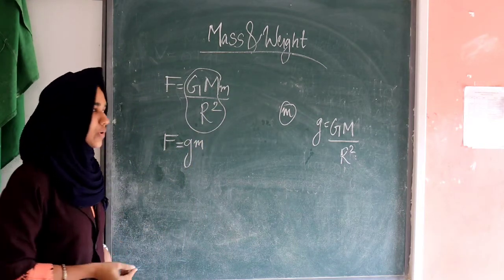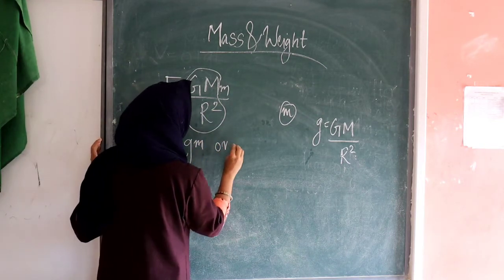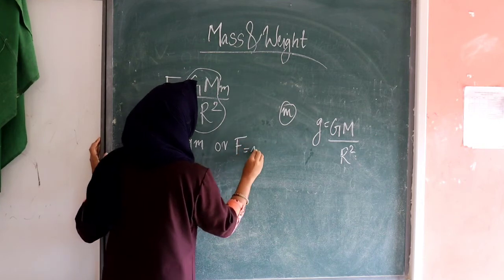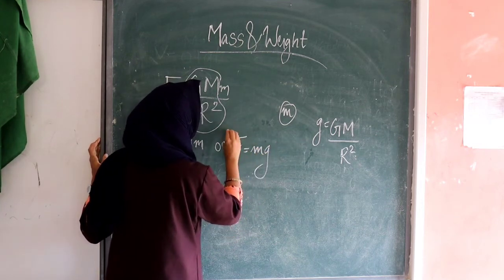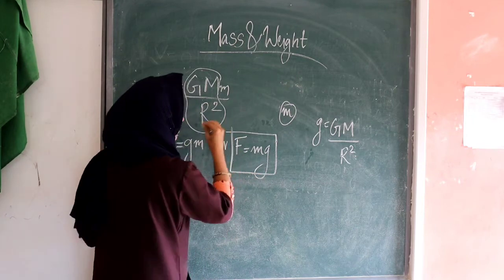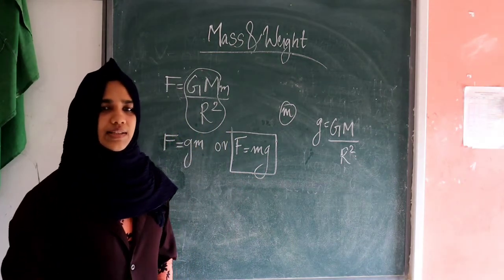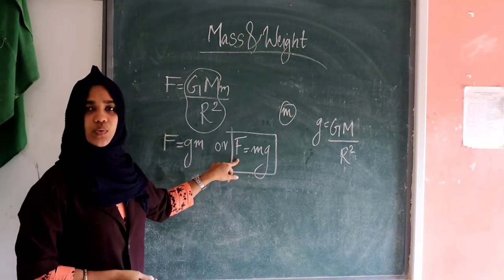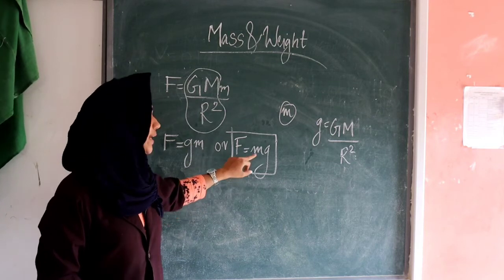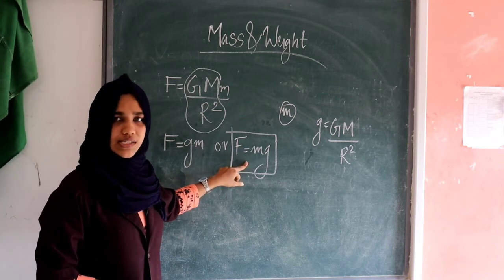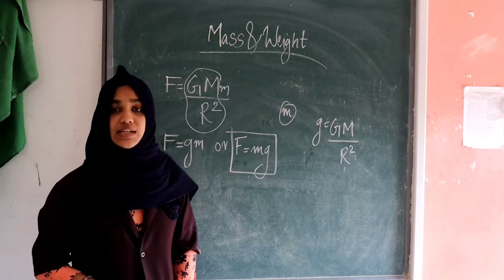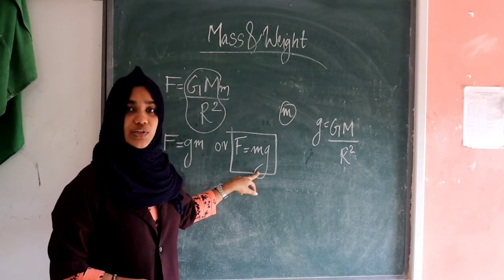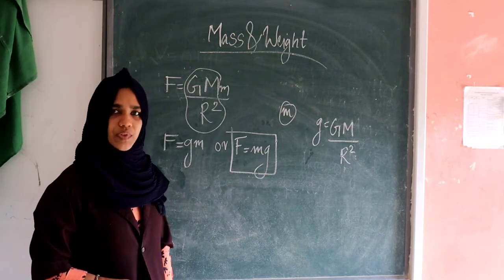Or we can write F is equal to mg. Is it clear? Here F is the force, m is the mass, and g is the acceleration due to gravity. Then what does this mg indicate?